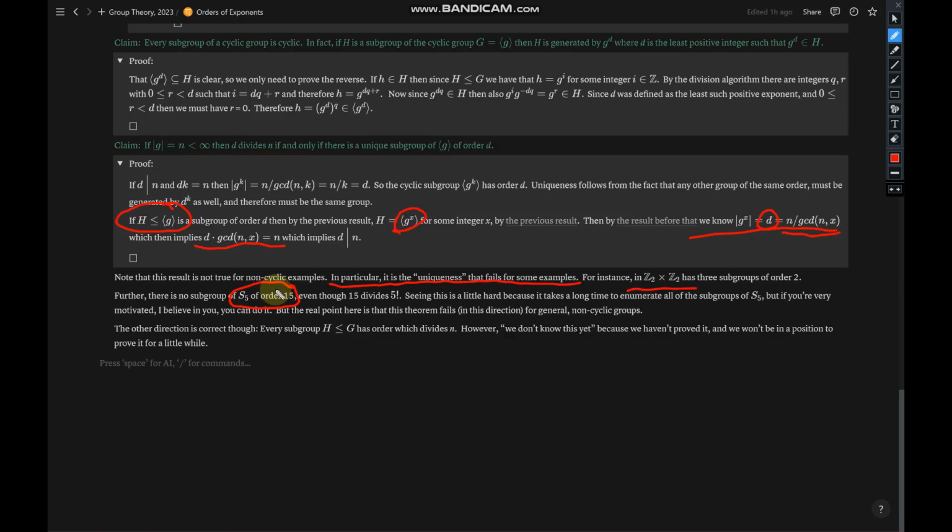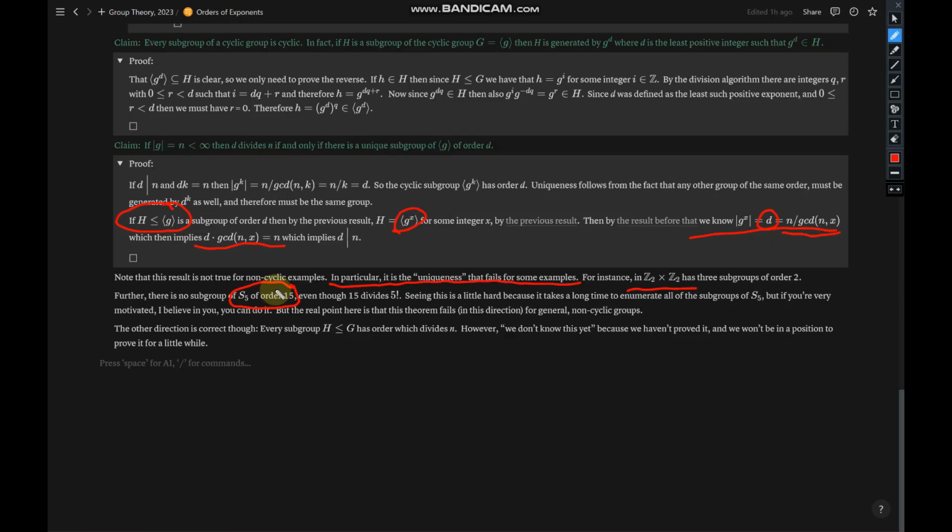That would take a very long time, so I'm not going to, but any viewer who is sufficiently passionate can do it for themselves. But I claim that this is a counterexample, where the number divides the order, but there is no subgroup of that order.